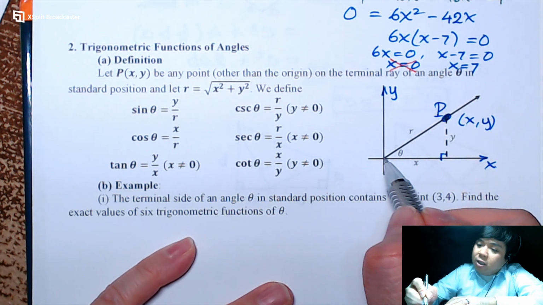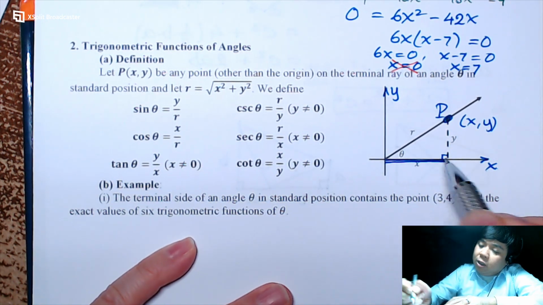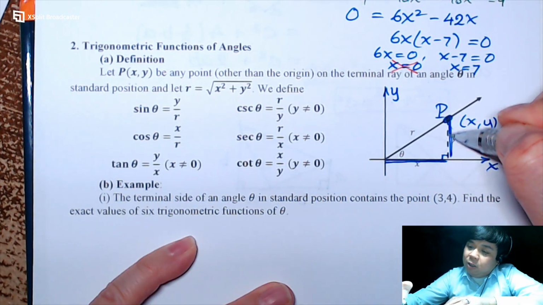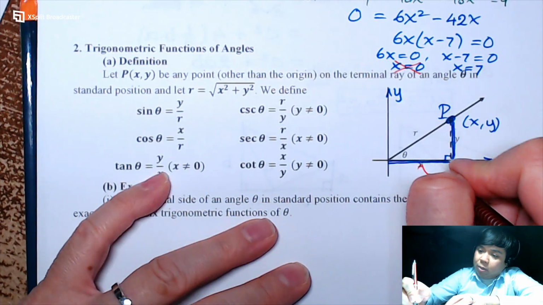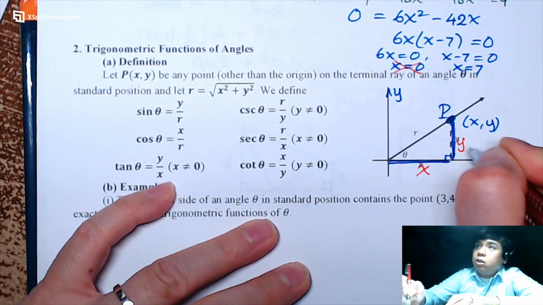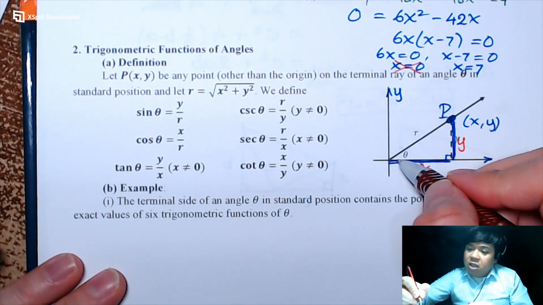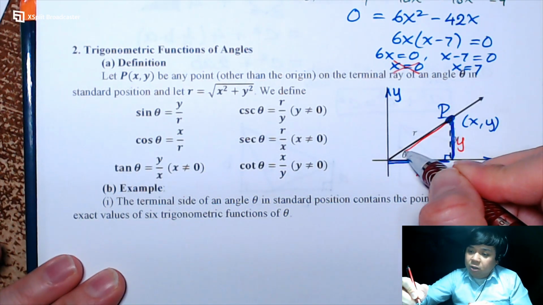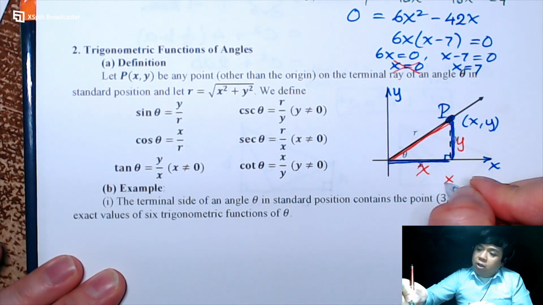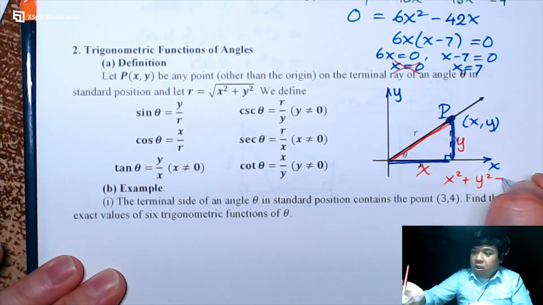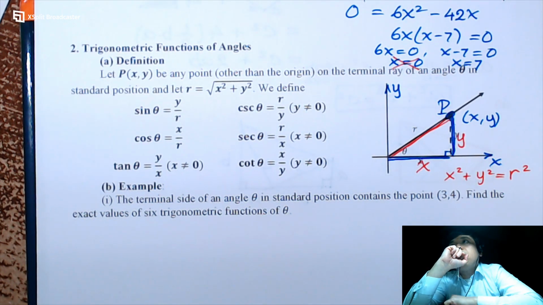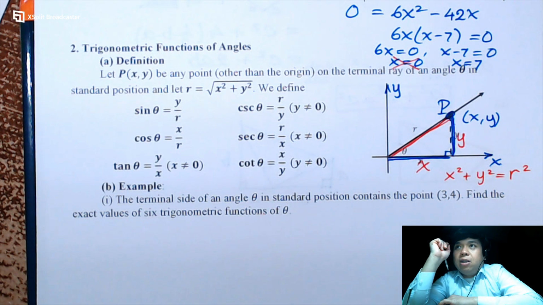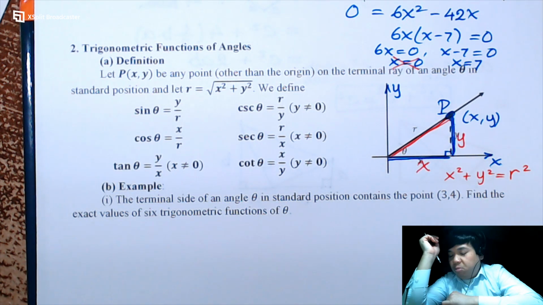So this is x and this is y. And r is the distance from P to the origin. So x squared plus y squared equals r squared. Right, so that would be our theorem.